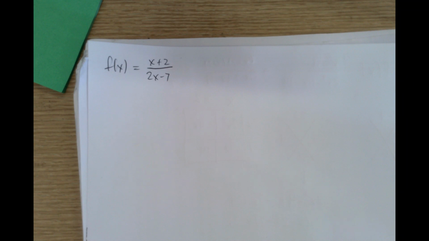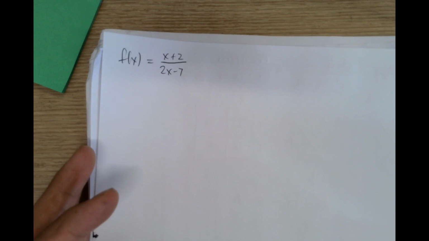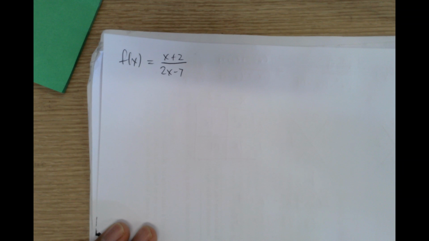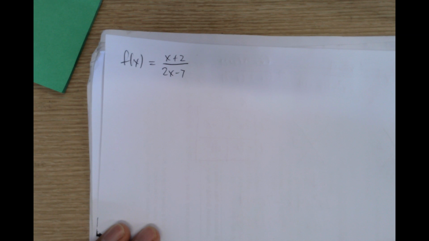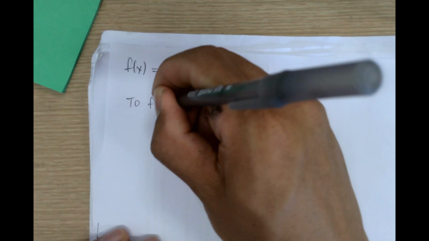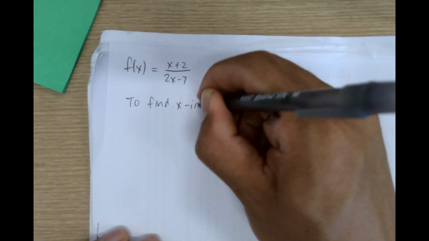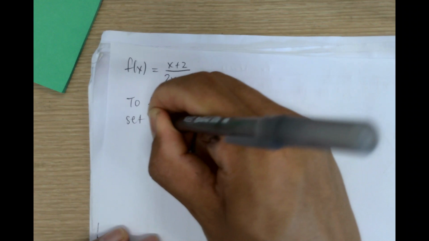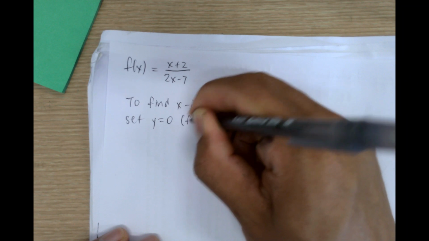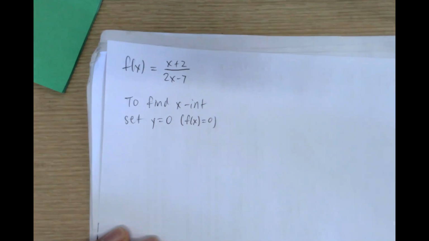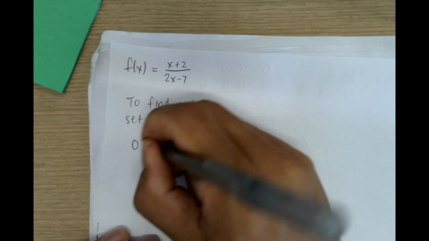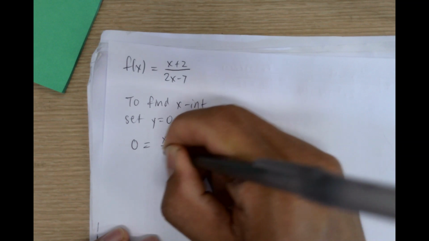And so to find our x-intercepts, does anyone remember what we are supposed to do? Nathan? Right, so if you don't remember, to find x-intercepts, set y equal to 0, or you could say f of x equal to 0. So at this point, we get 0 is equal to x plus 2 divided by 2x minus 7.